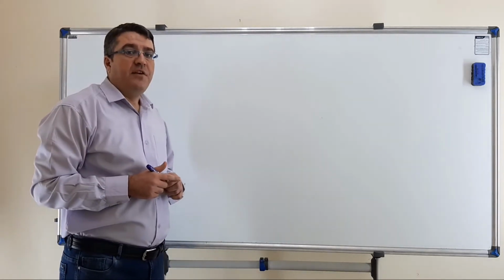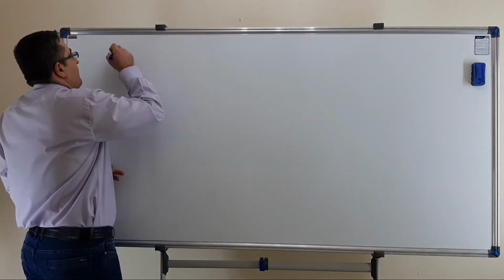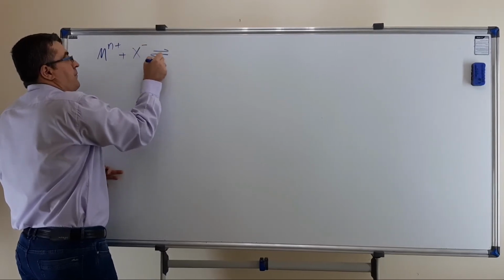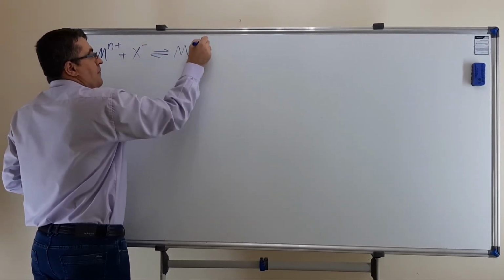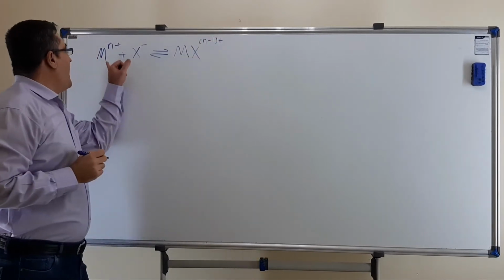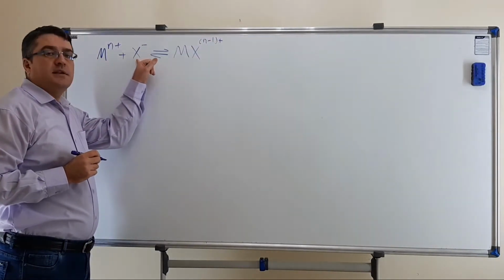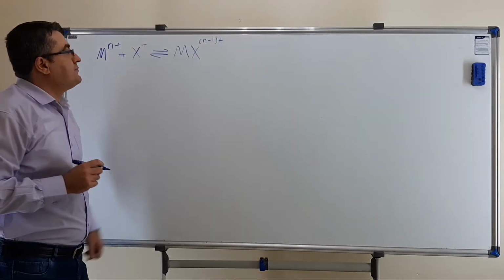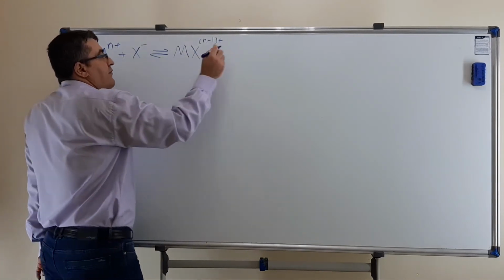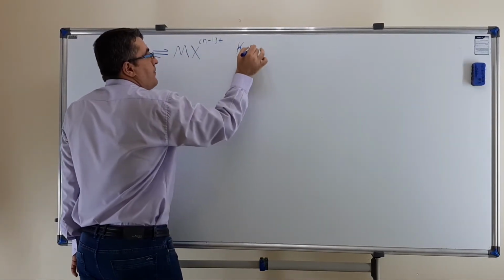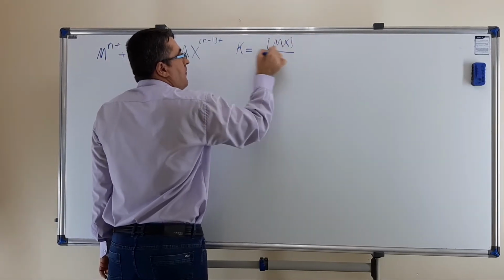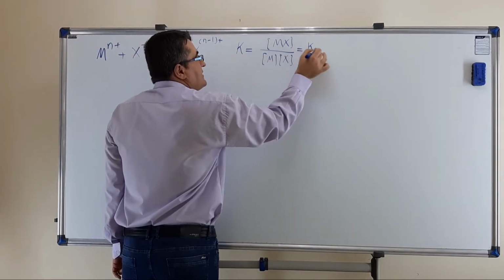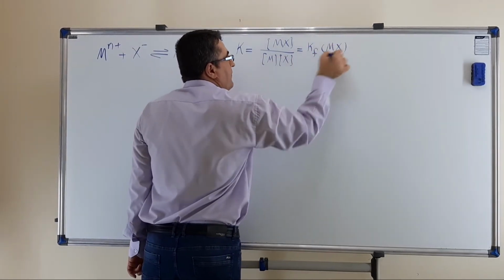The general form of the reaction is like this, where M is the metal cation, X is the halogen, and MX is the product. The equilibrium constant for this reaction is as follows, and it can be considered as formation constant of MX.